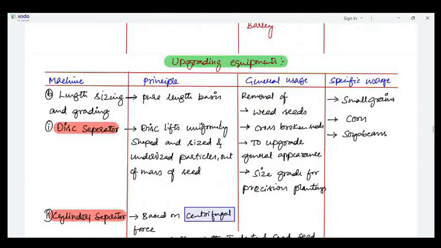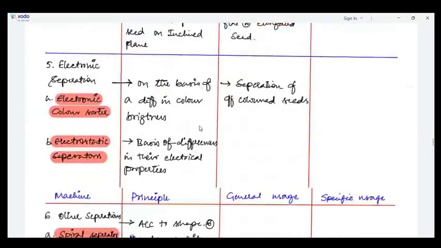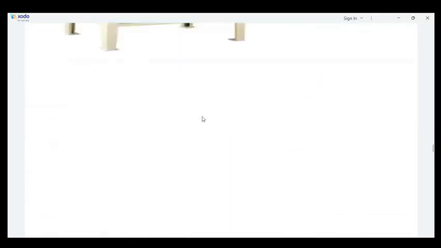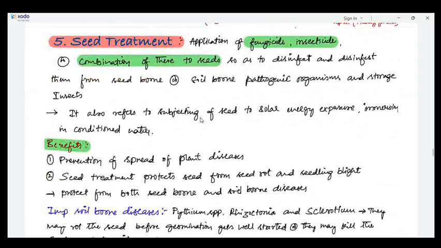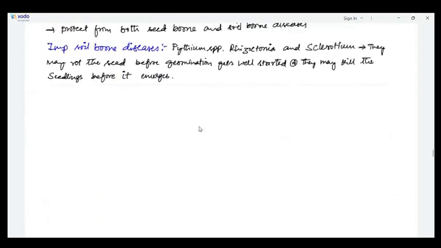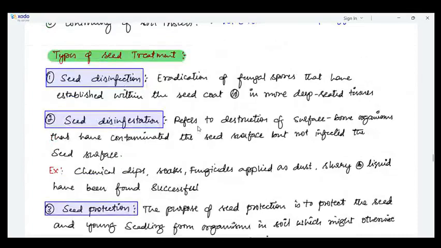Next is seed treatment. I have given you the term, meaning, and benefits, that is fine. And we have types of seed treatment. We generally use seed disinfection. I hope you know the difference between disinfection and disinfestation.